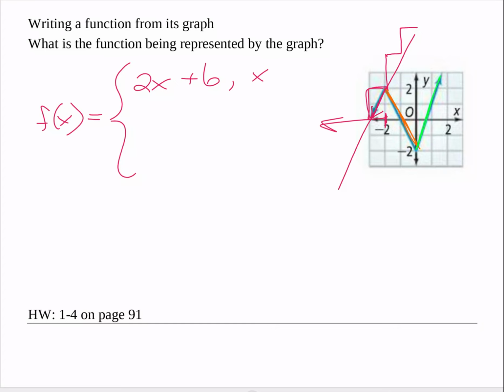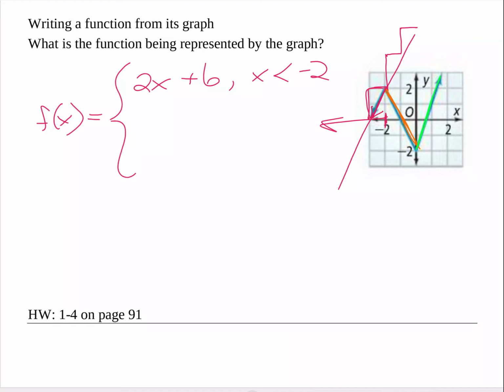Which way is that? Less than -2. Now, do you want to say less than or equal to? It doesn't make a difference because they're all touching. So just pick one. Less than is fine. But now that means on the next piece we're going to have to say or equal to, because we have to include that part.